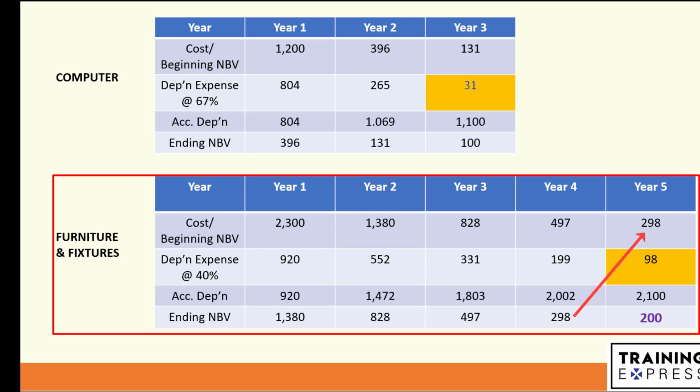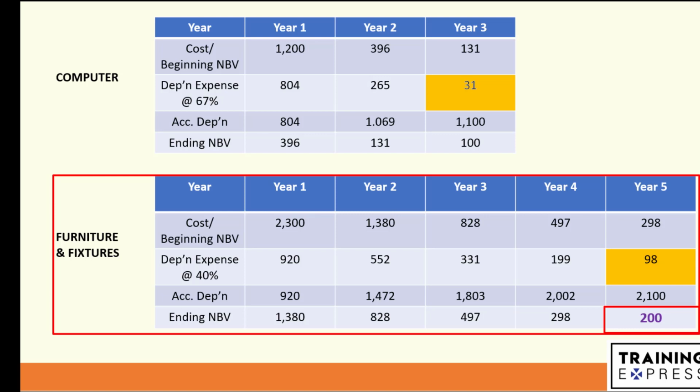Year number 5 will start with $298, and because this is the last year of our estimated useful life, again here we will be calculating it in a different way. If we calculate exactly 40%, it might not fit in over here. So what we will do, as we have assumed that our ending net book value at the end of 5 years or residual value should be $200.